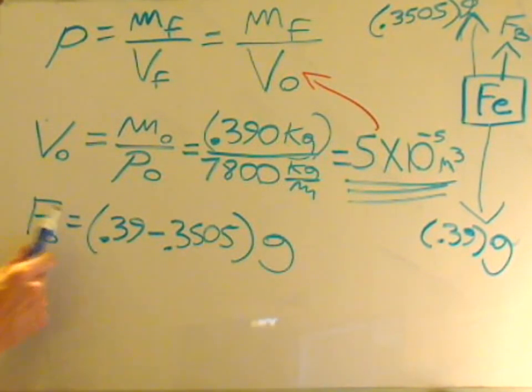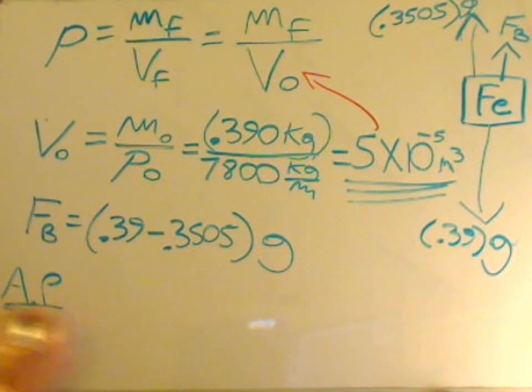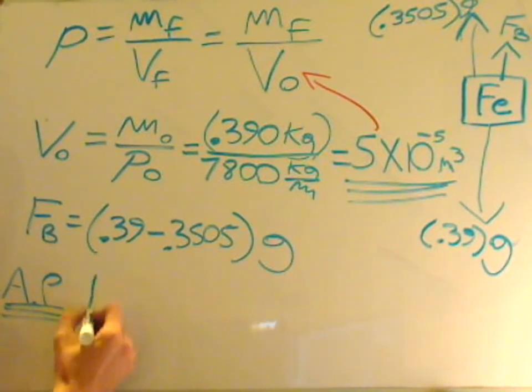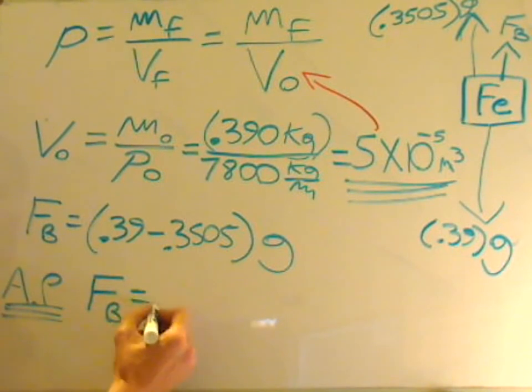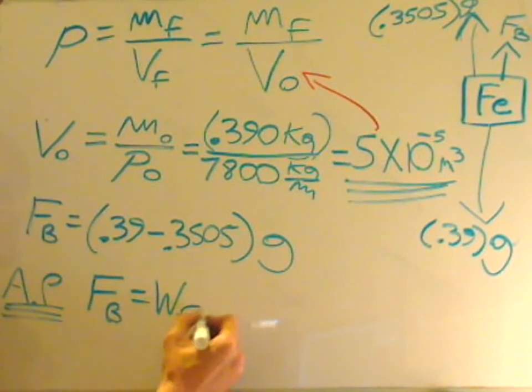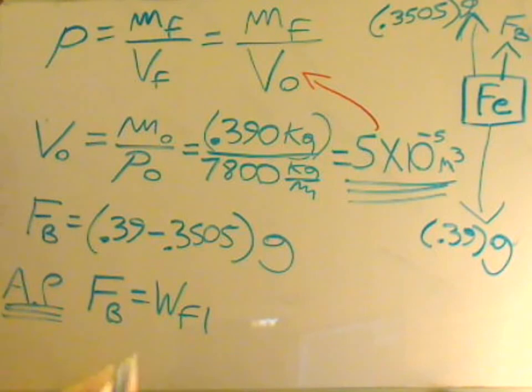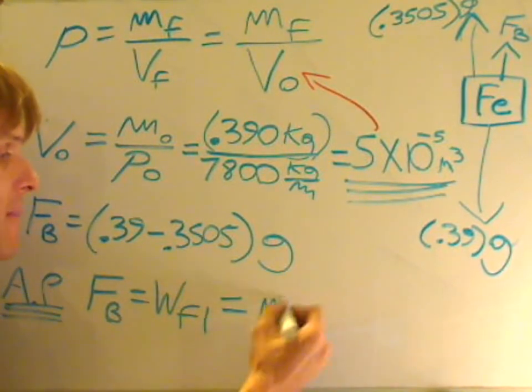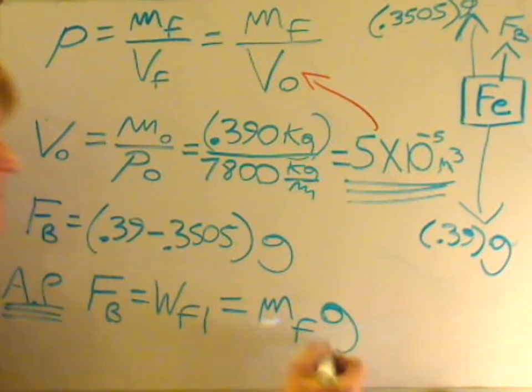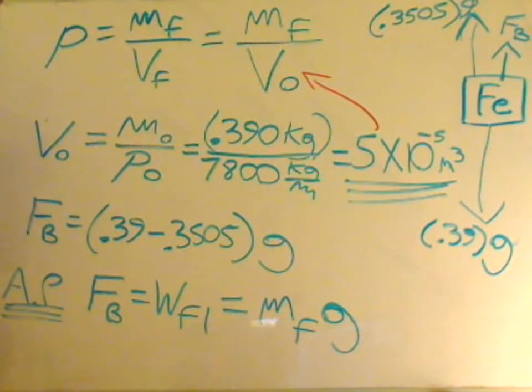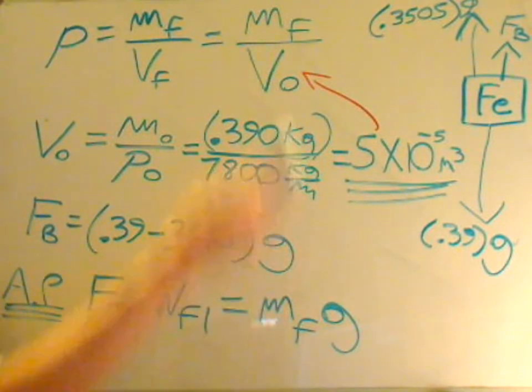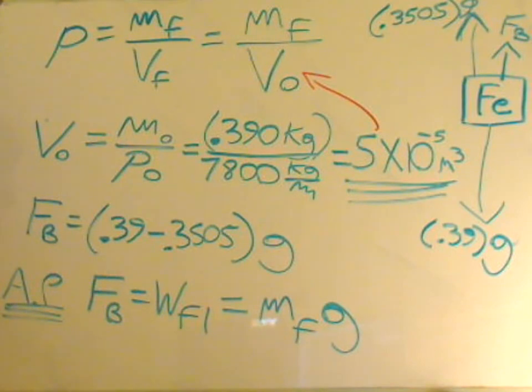Okay? So that's the buoyant force calculated by considering the dynamics. Now we can use Archimedes' principle to calculate the buoyant force. The buoyant force is equal to the weight of fluid displaced, and the weight of fluid displaced is the mass of the displaced fluid times g. Remember, this is what we want to find to calculate the density.